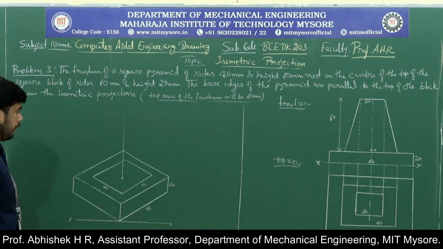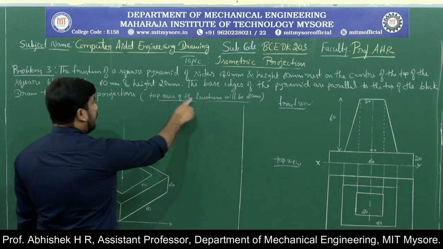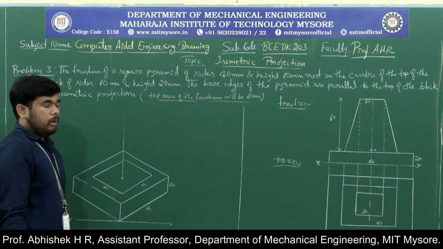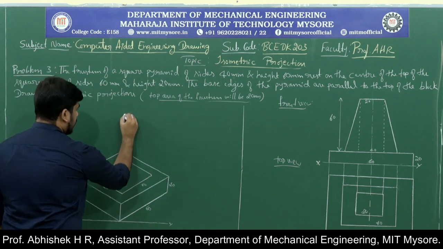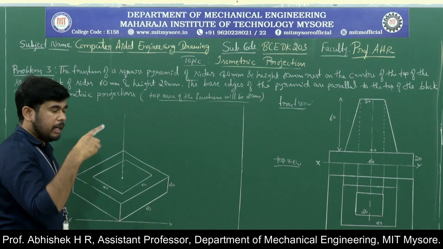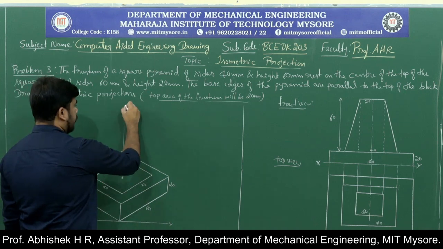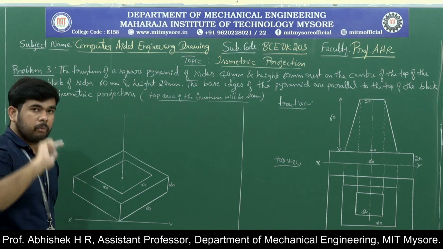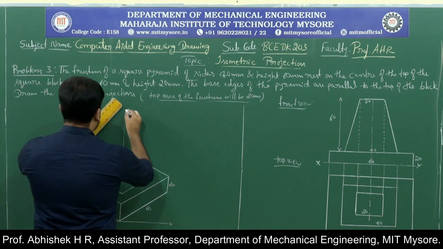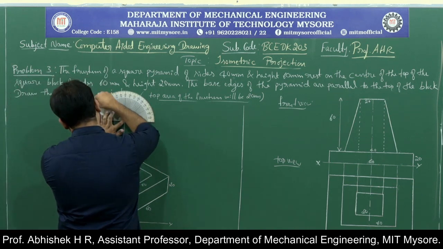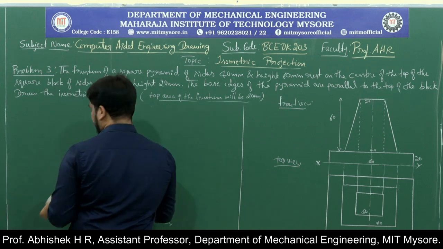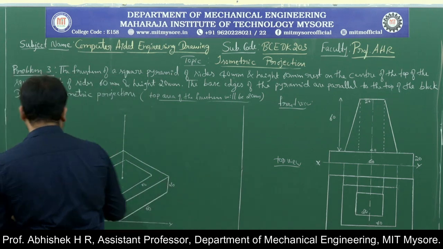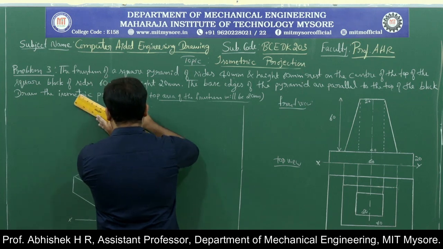Now the top area of the frustum will be 20 mm, no? So from this, again you need to create a 20 mm area. Above the midpoint 10 mm, below the midpoint 10 mm. One box above the midpoint, one box below the midpoint. Again here it is 30, because otherwise I won't get the proper shape here.